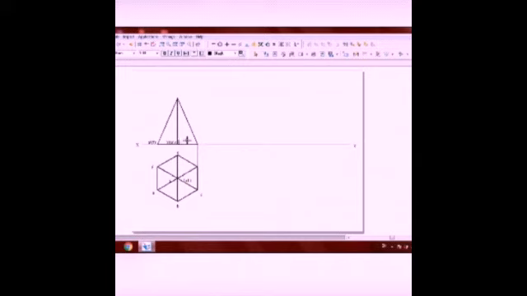At the extreme edge we have the other 2 letters of the base, that is C dash and in brackets D dash. There we have forgotten that D point. Yes, mark the D point. And there is O dash, the top of the pyramid.